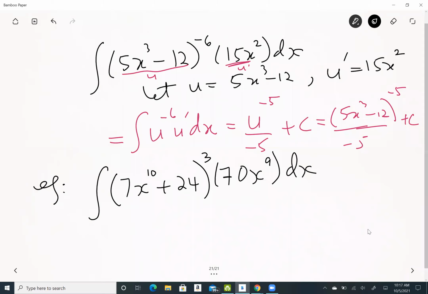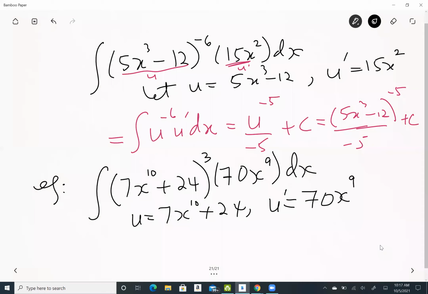And then you find u prime. Okay, what do you get? Now you take u prime. What is u prime? u prime is 70x to the power of 9.